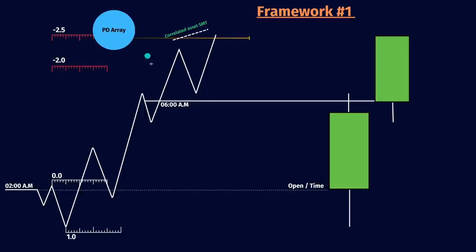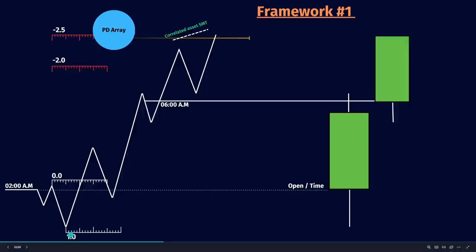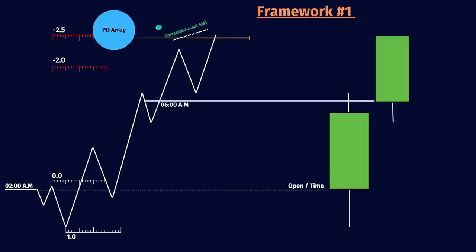In this case, you can find 2 different openings, the 4-hour candle, 2 a.m. and 6 a.m. So this is important because in the 6 a.m. opening, price is in the middle of the manipulation leg and drawing liquidity to the PD array. So it has unfinished business in the bullish move.